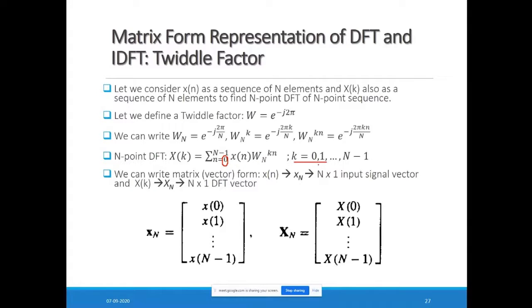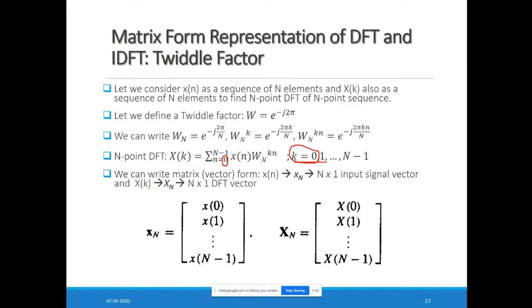Now what about the second place? In the same row, we go to the second column. We are not changing the row, so we always take k equal to 0. If k is equal to 0 and you multiply it with any value of n, the output is always 0.